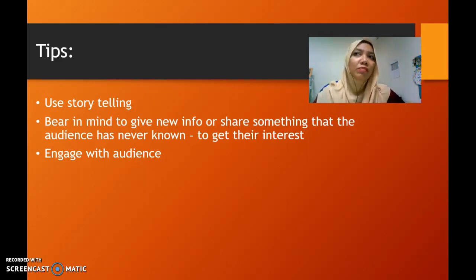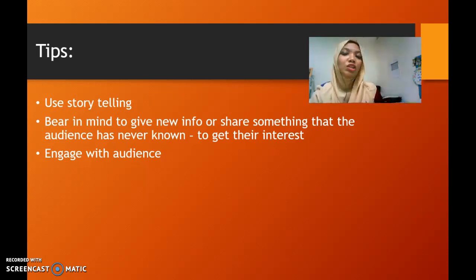Give something that is new or extra for the audience, and most of the time, your own opinion would matter, because it's not like a fact that they can simply get from anywhere else. When you have something that is extra in your speech, that will actually gain their interest, and give them the motivation to listen to you until the end.